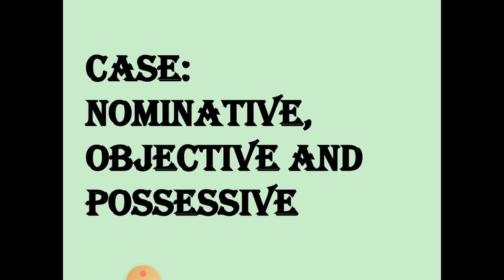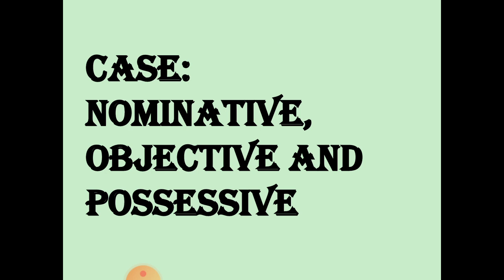Next is something new for you, that is case. Nominative, objective, and possessive. Nominative means when we use a pronoun as a subject in a sentence, that is called nominative case. जब किसी सेंटेंस में प्रोनाउन को एज सब्जेक्ट यूज़ किया जाता है, दैट इज़ नॉमिनेटिव केस, और इट इज़ ऑल्सो कॉल्ड सब्जेक्टिव केस, राइट?